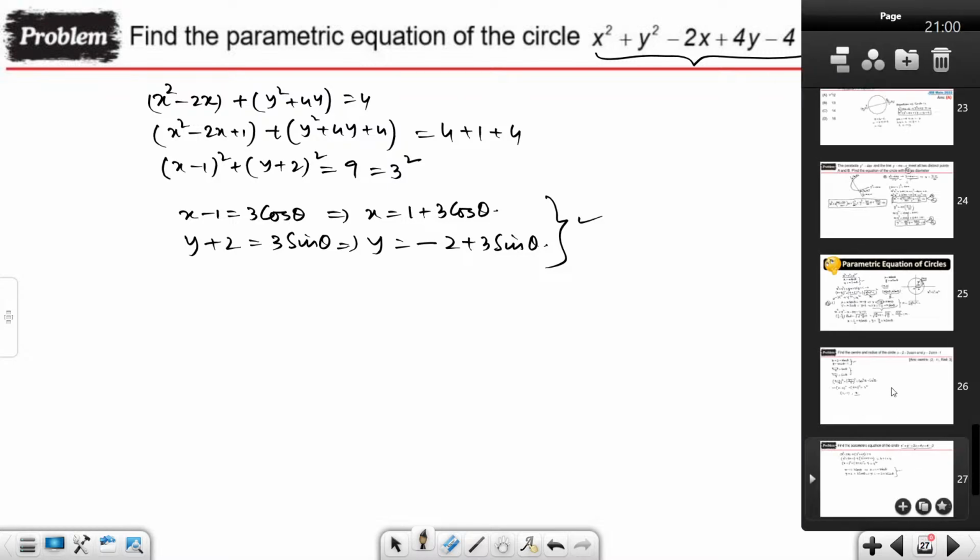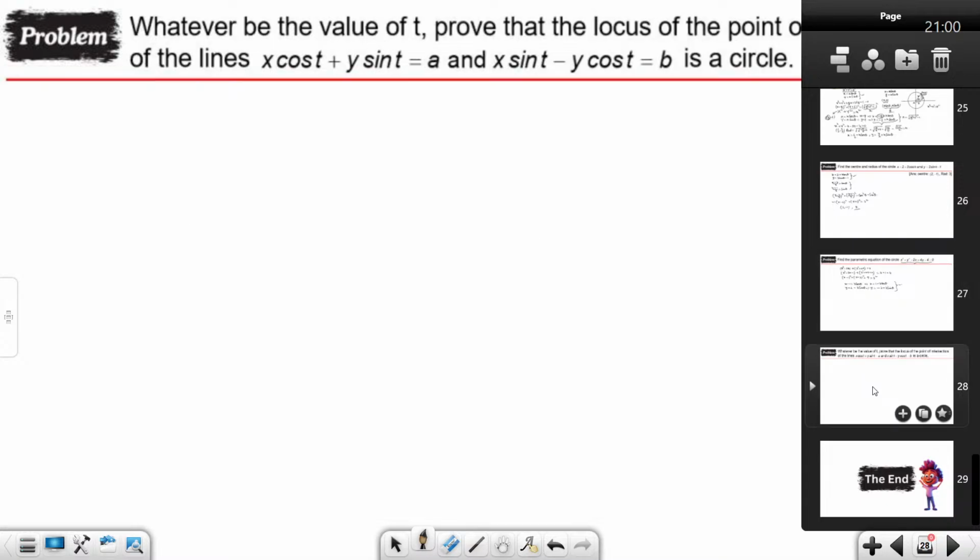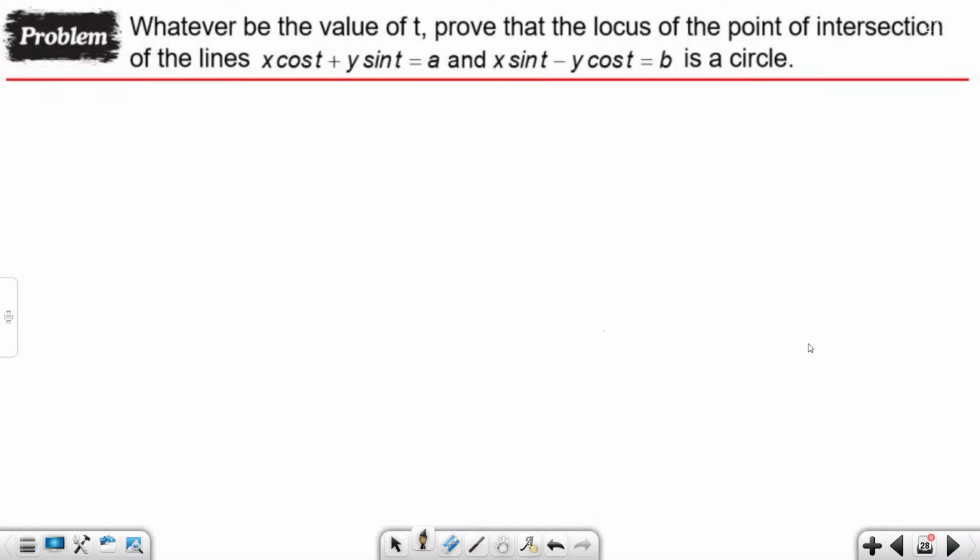Let us move to the next problem, which is the last problem for this lecture. Whatever be the value of t, prove that the locus of the point of intersection of these two straight lines is a circle. You have to find the locus of the point of intersection.